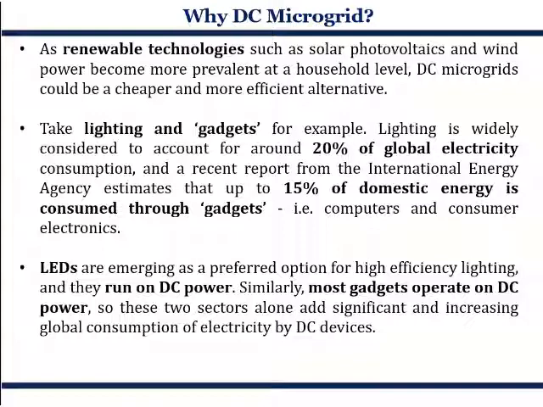Let's say solar and wind. Most of the production is taking place at DC level. So DC microgrids could be cheaper, and that's an efficient alternative to the non-renewable energy sources. Wind and solar photovoltaic are more prevalent at every household level nowadays.